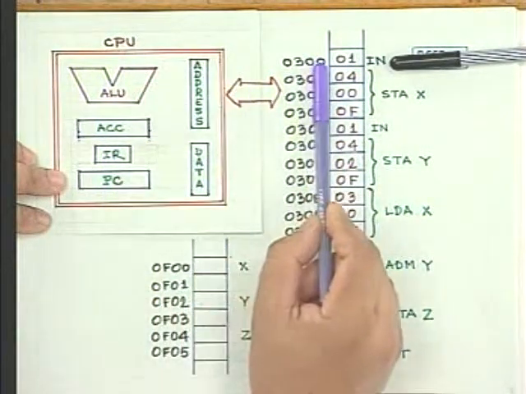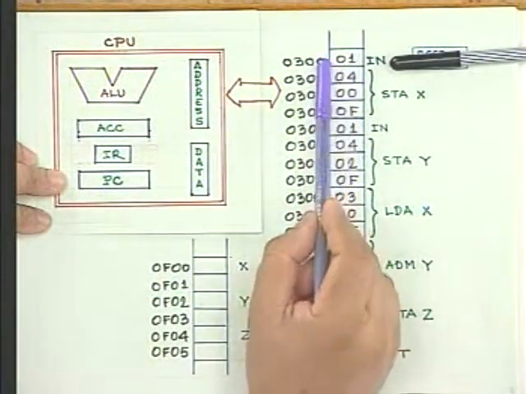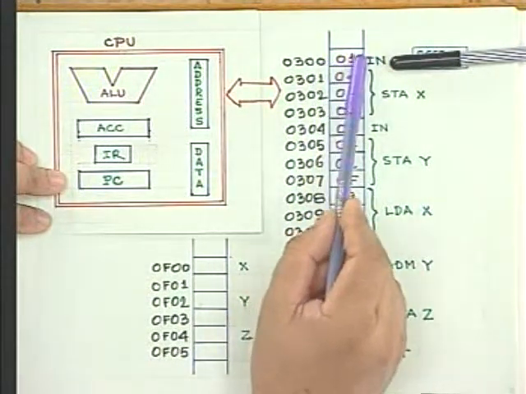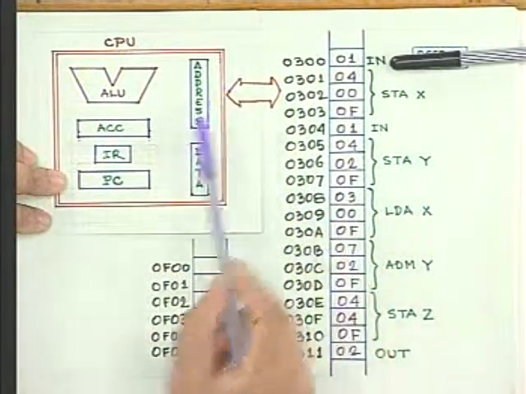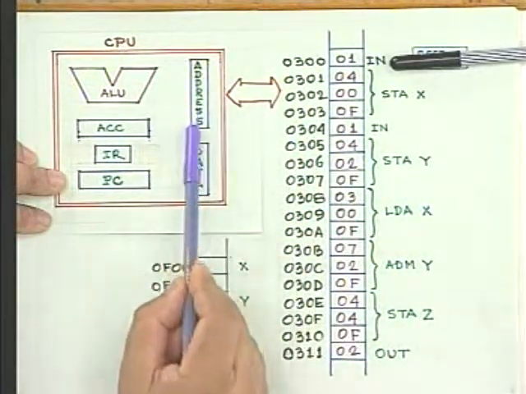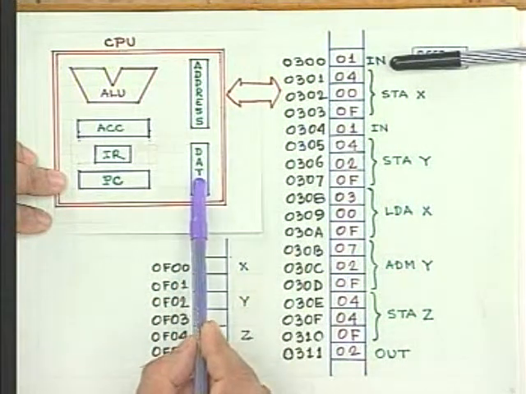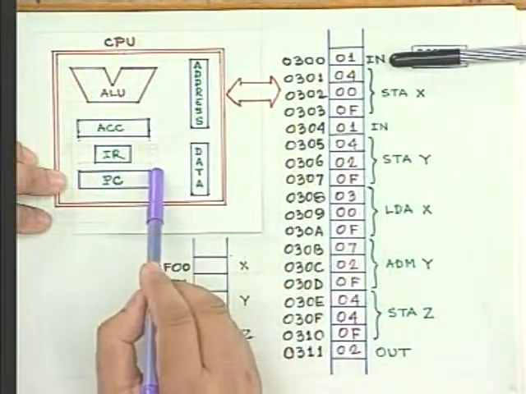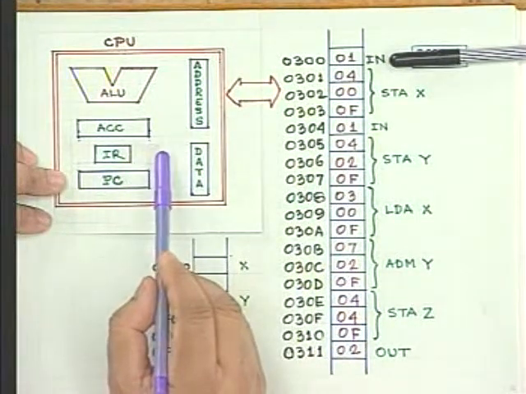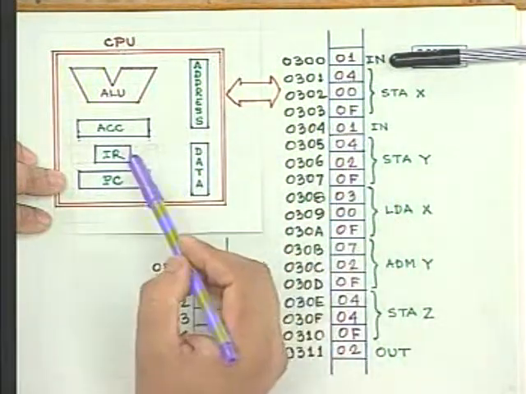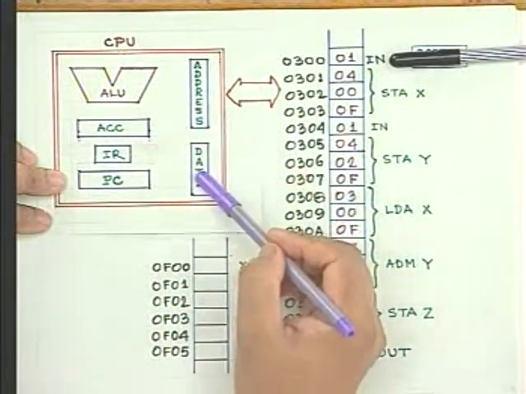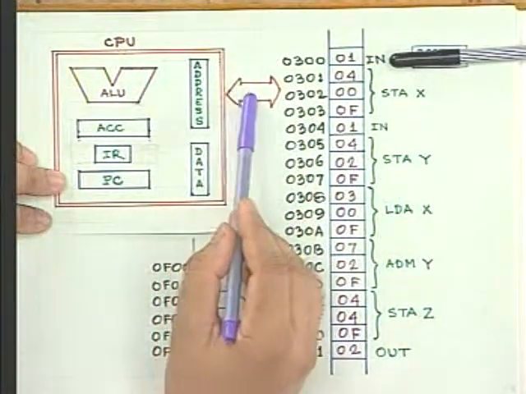From which address that memory location is being accessed is kept in the address buffer, and the data buffer's responsibility is that any data or instruction that is passed from the memory, or any data that goes out to the memory, will go through the data register, and these two are connected by means of this bus.